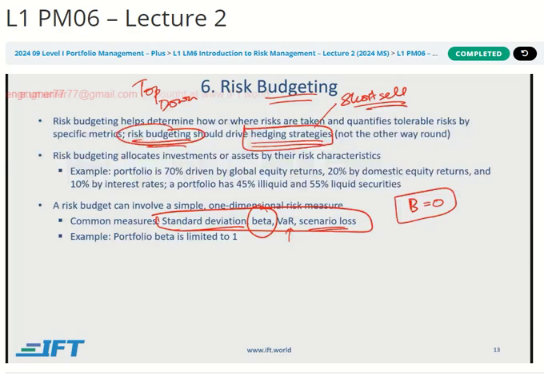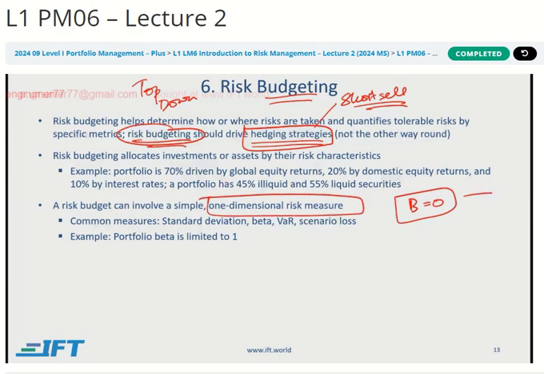But what I want to talk about first is, should we have just one dimensional risk measure? Is our only focus that we want to be market neutral, or can we have multiple dimensions as well? The answer is yes, you can have multiple dimensions. For example, say I have a balanced fund with some stocks and some bonds. I want the stocks to be market neutral, so long short, with a beta of 0.